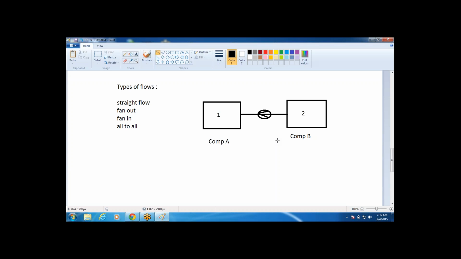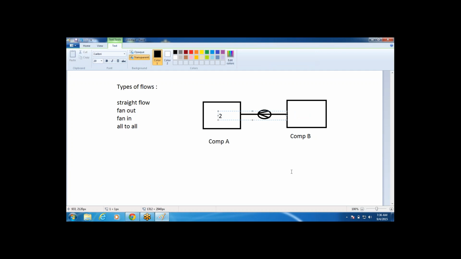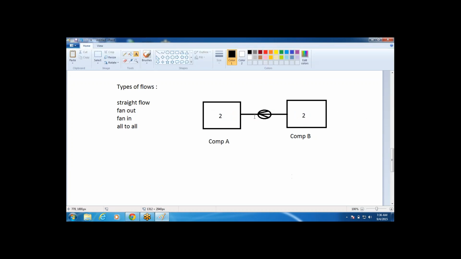Okay, coming to the straight flow. When two components are running on the same depth of parallelism, let's say here the component is running two-way and here also two-way, then the flow that gets connected is a straight flow.